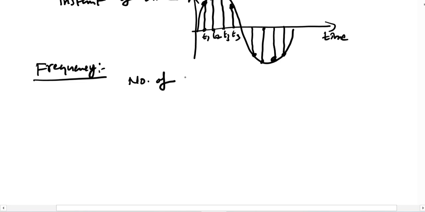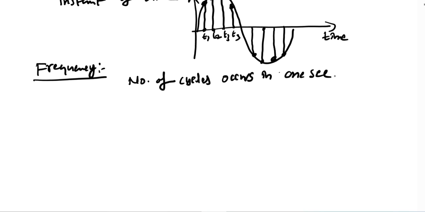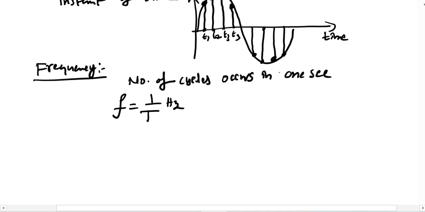So the number of cycles that occur in 1 second is called the frequency. If in 1 second a certain number of cycles go through, that is called the frequency. The frequency f is inversely proportional to the time period, so it can be written as 1 by t.